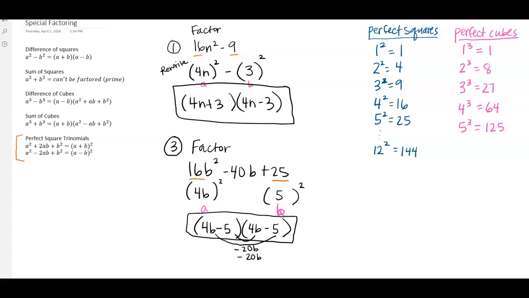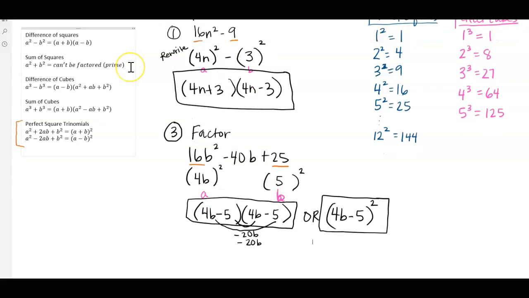Then it's a little bit easier to write down. And so the other way that we can write this answer, and that we're going to be writing the answer, would be 4b minus 5 all squared. Right, because we have 4b minus 5 times 4b minus 5. So that would be how we'd want to have that answer written.